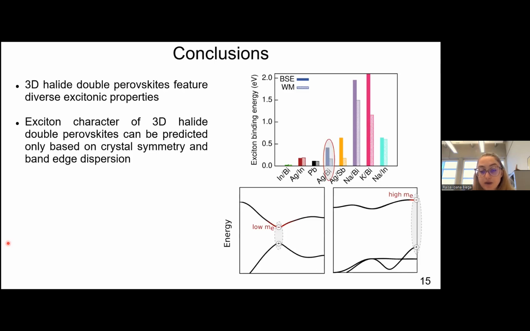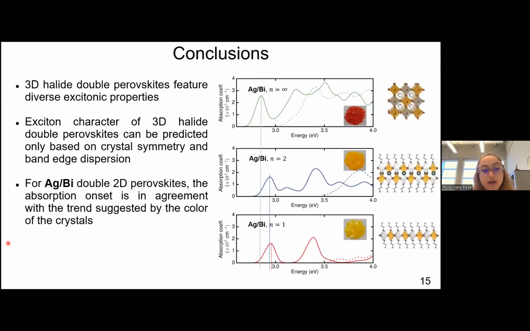And for the 2D materials, with our approach, we are able to get the same order in n equals 1, 2, and the 3D materials as in the experiment.